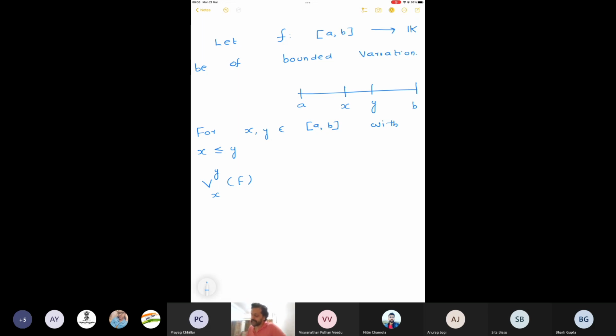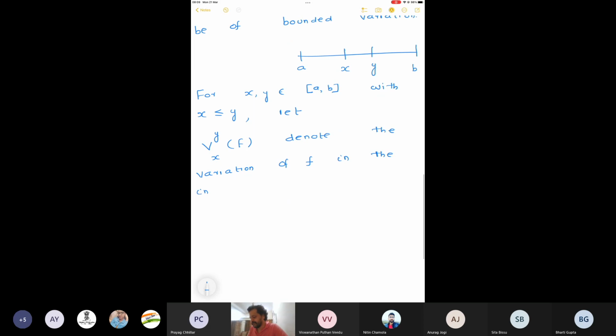For x, y with x less than or equal to y, let Vxyf denote the variation of f on the closed interval xy, assuming x is strictly less than y.